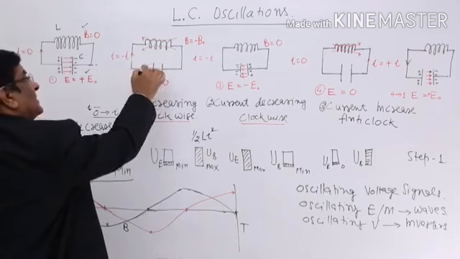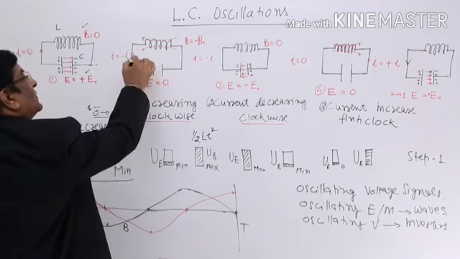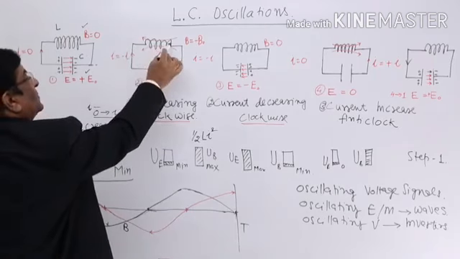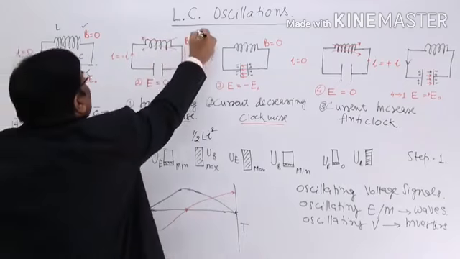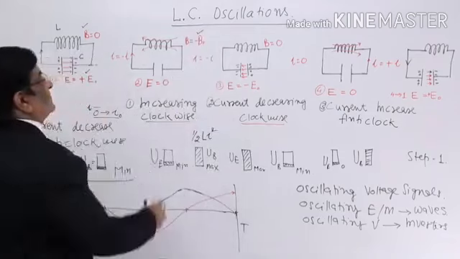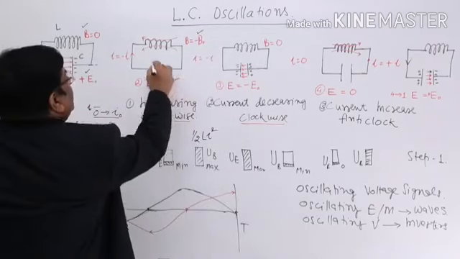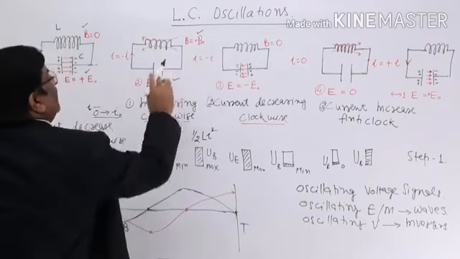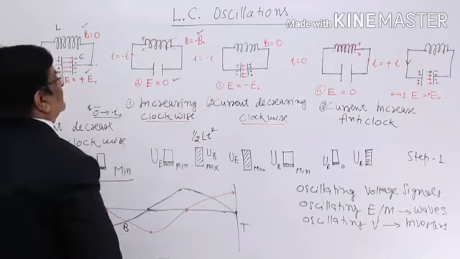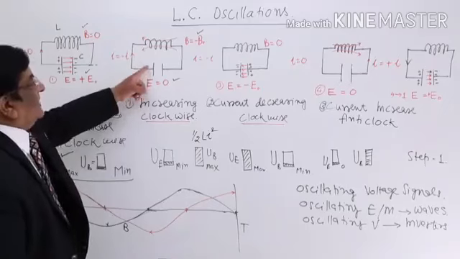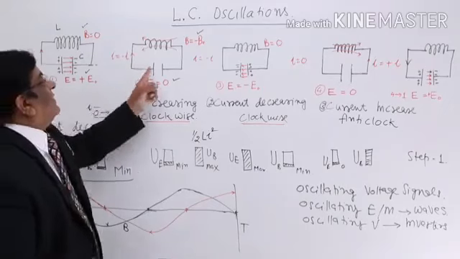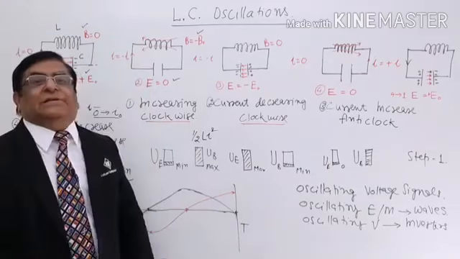Ultimately, all the charges have gone and the electric field has become zero. All the charges in the form of current go in this wire. When the current flows, it makes an opposite magnetic field and this magnetic field becomes maximum. Electric field has become zero and due to this current, magnetic field has become maximum. The current is flowing. But when all the charges are consumed, then no more possibility of the current.